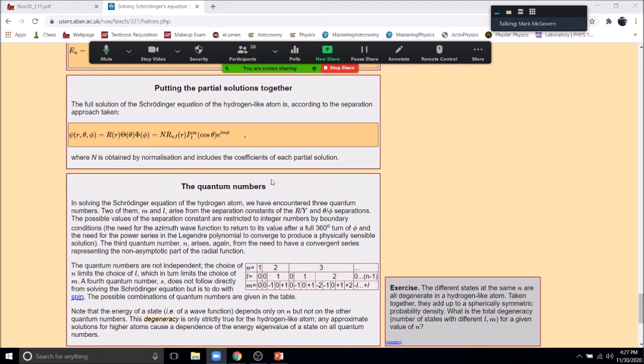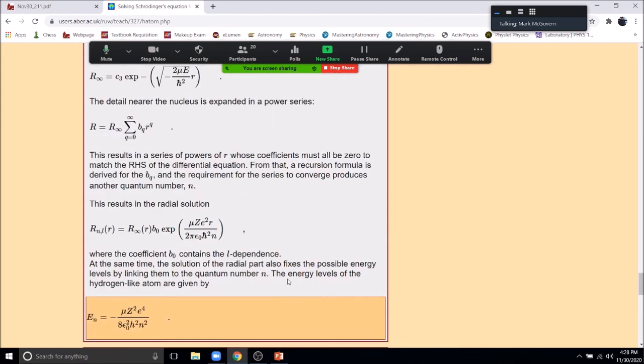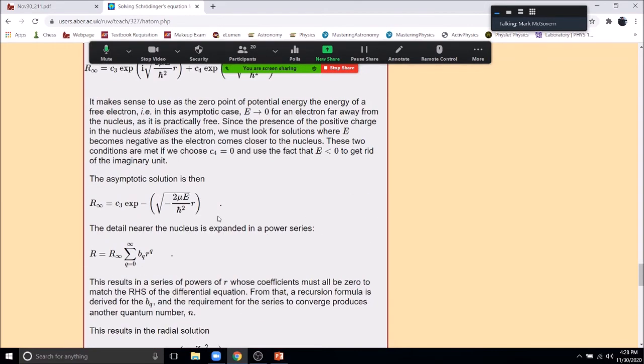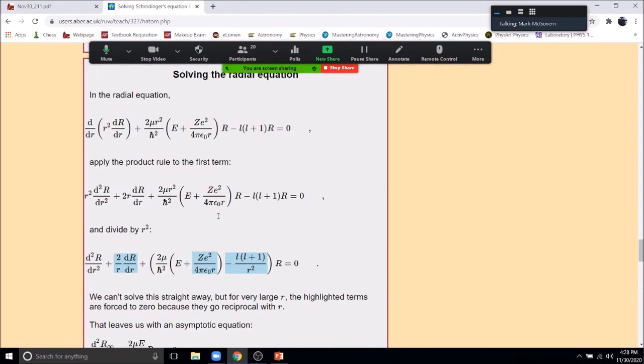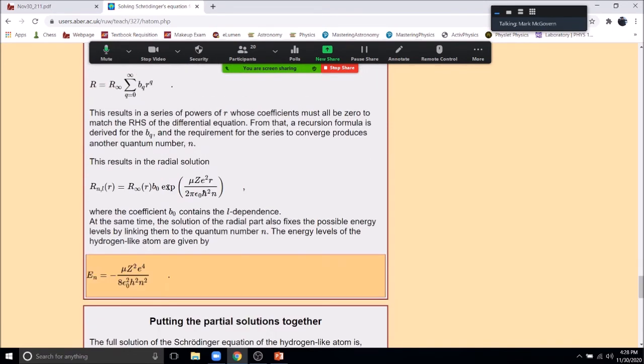So this is the radial component, the angular component, the phi component. N is just part of the normalization constant. The radial function, the angular function, and then e to the i m phi represents the z component function, where R n is a series of complicated exponentials, which take this form here.